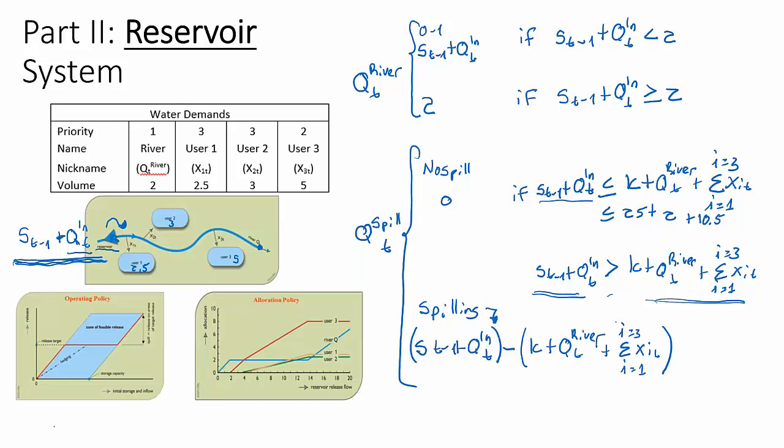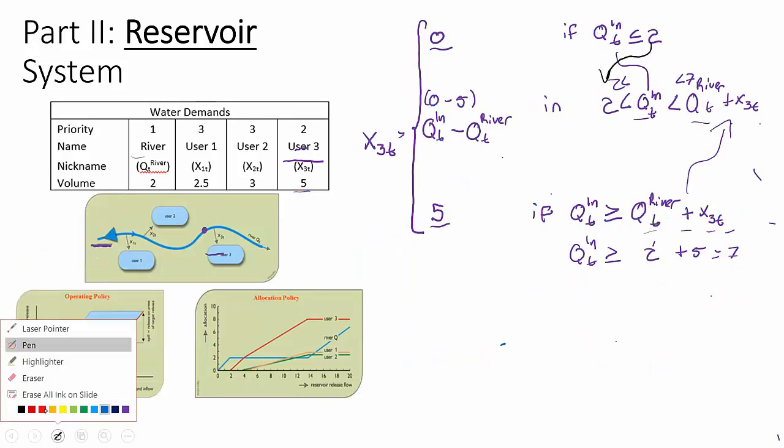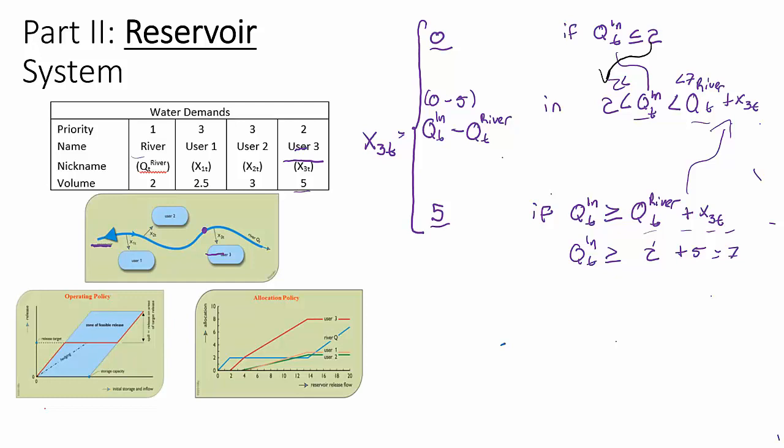Now, as I mentioned, for user number 1, for user number 3, it is exactly the same allocation. Rather than now having this Q in, it will be St minus 1 plus Q in T. The same, it will be less than St minus 1 plus Q in, less than Q river plus X3.